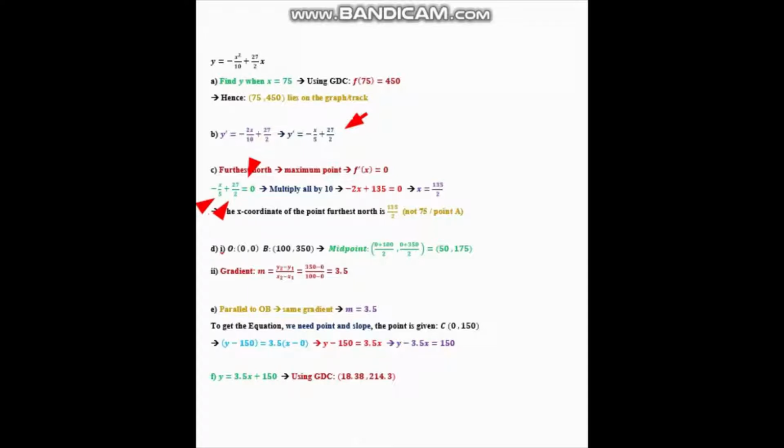So 10 shall cancel both denominators, and you shall get this equation, and x equals 135 over 2. So since the x coordinate of the maximum point is 135/2, then point A is not the maximum point because it has an x coordinate of 75. So this is not the maximum point.